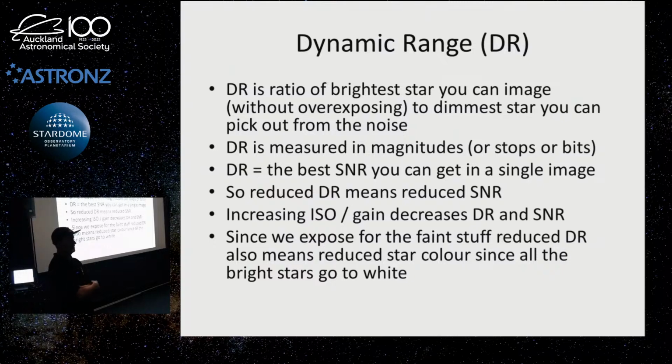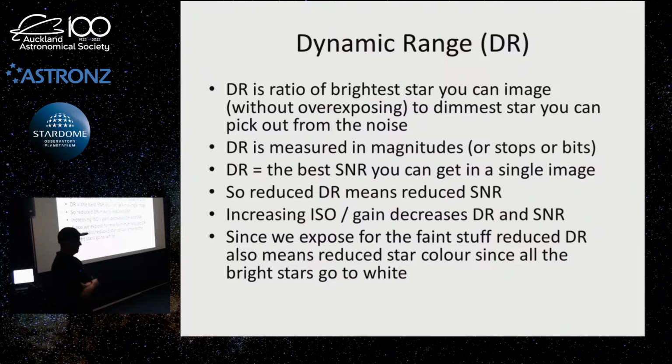And that noise is contributed by the electronics of the camera. Most of it is called read noise, but there is other noise. And the brightest star you can image is probably, for a DSLR, 2 to the power of 14, or 2 to the power of 16 if you've got a good astronomical camera, or the full well capacity, which I'll explain later on.